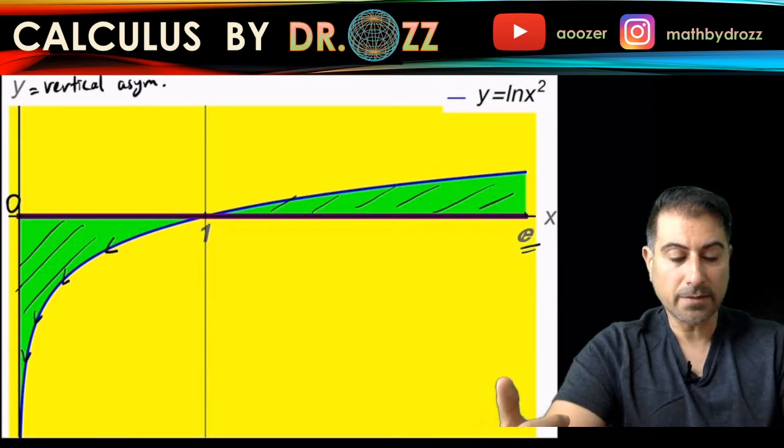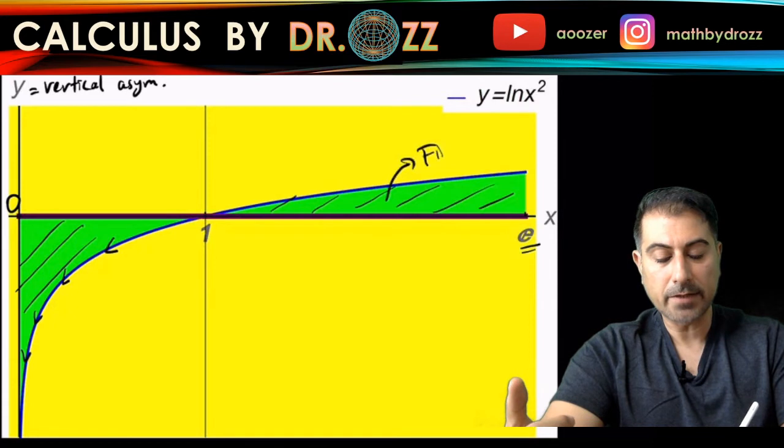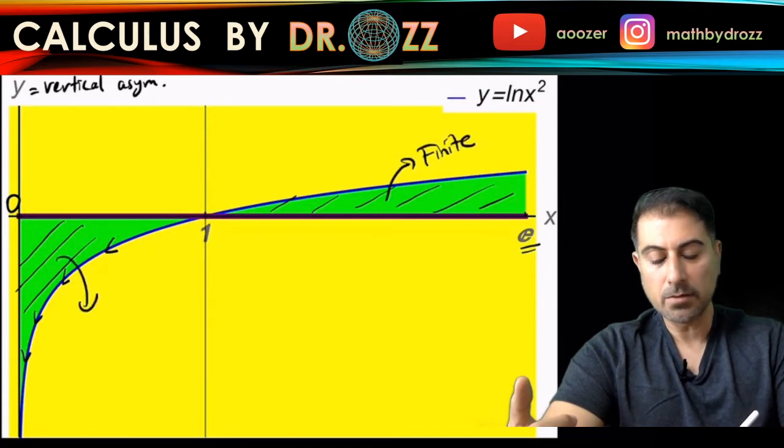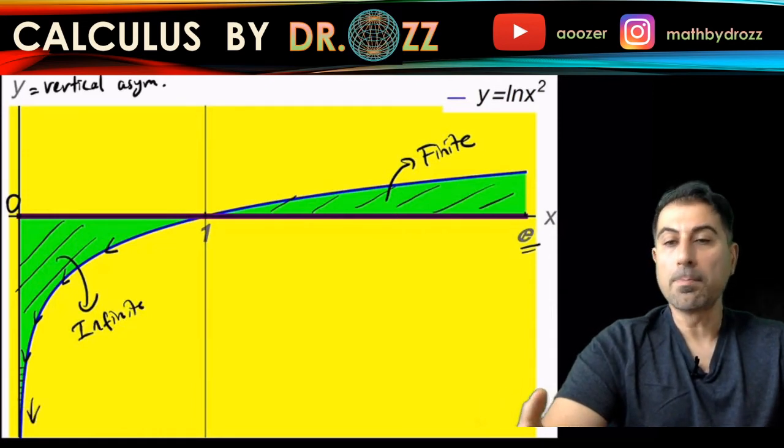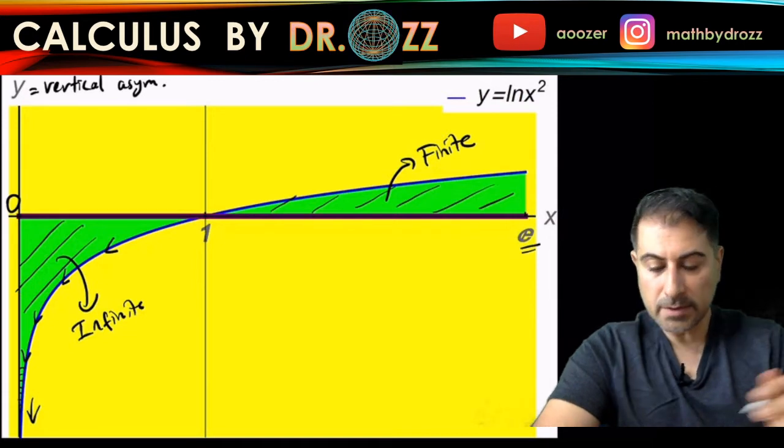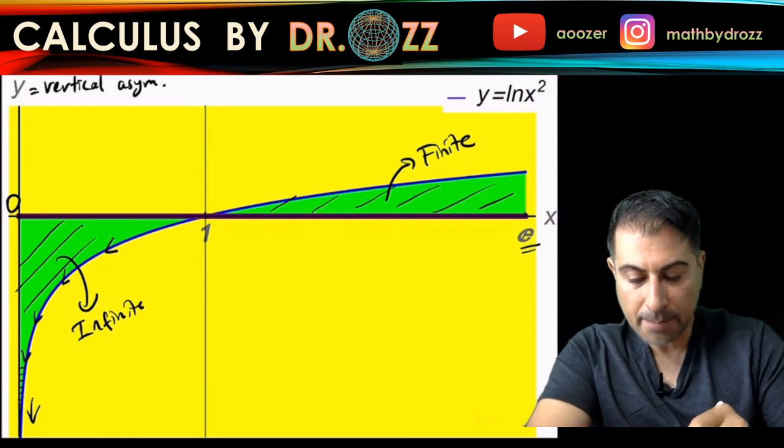This is a finite area, as you see, and this is an infinite area. Even though this area, as you see going down, is teeny tiny small, it doesn't matter. It's an infinite area.